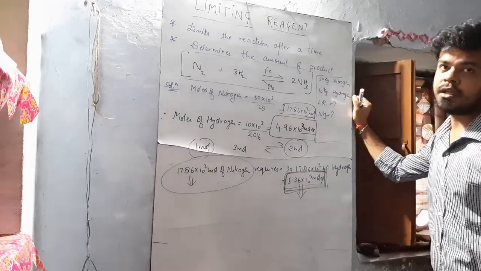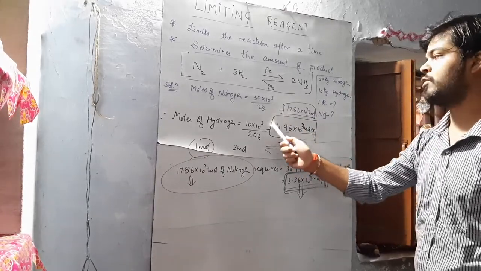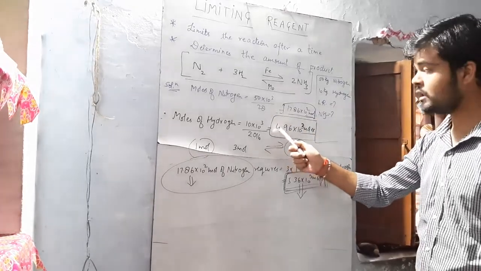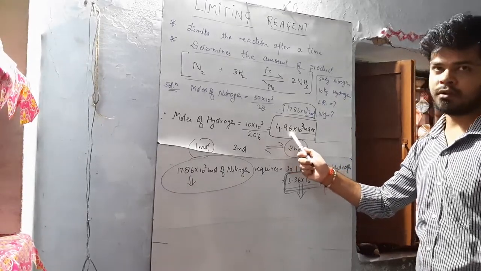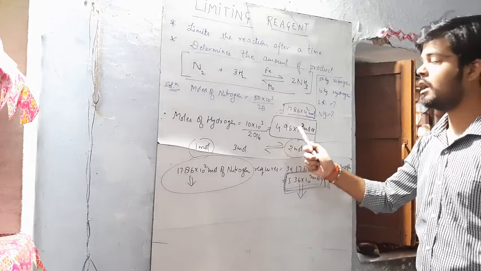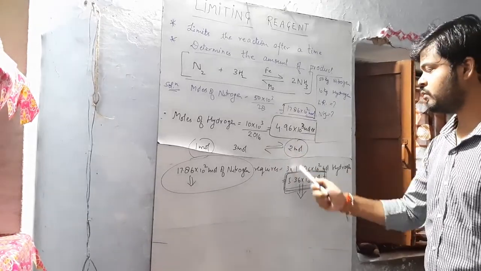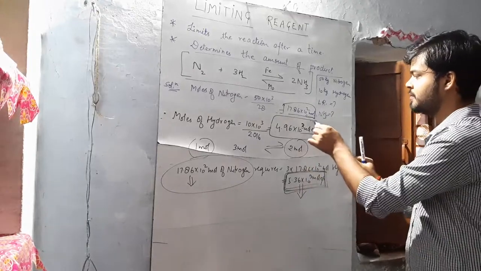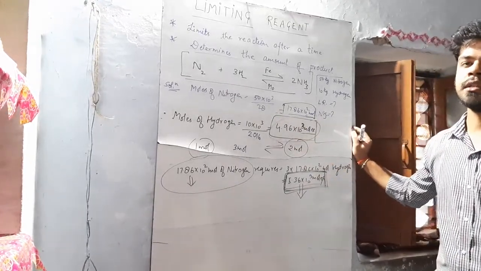But the twist here is that we have been given this amount of hydrogen. Clear? We have been only provided with this amount of hydrogen. Is it okay? And we require this amount of hydrogen. And you can see that this is lesser in the availability. The hydrogen is lesser in the availability.